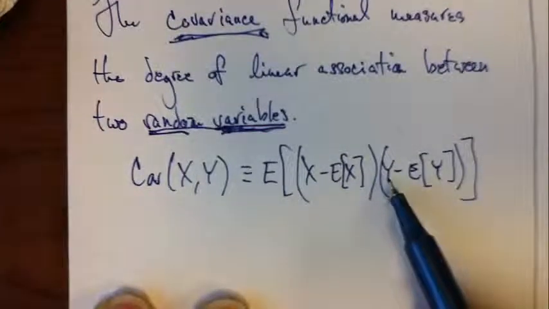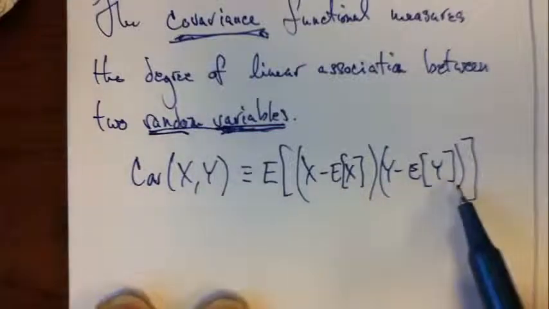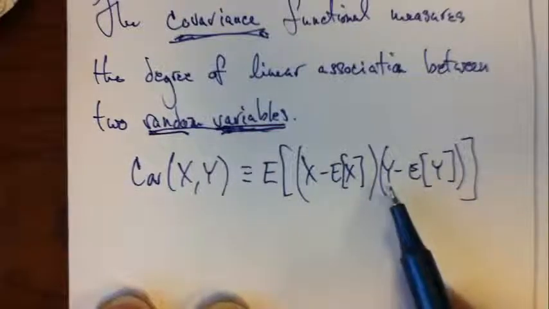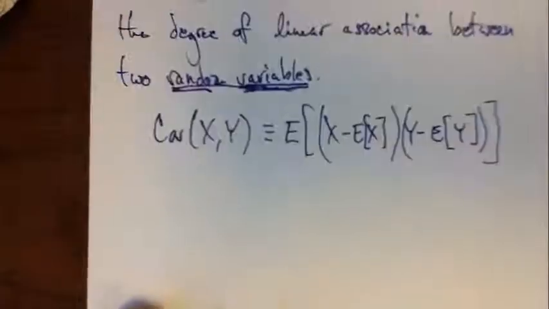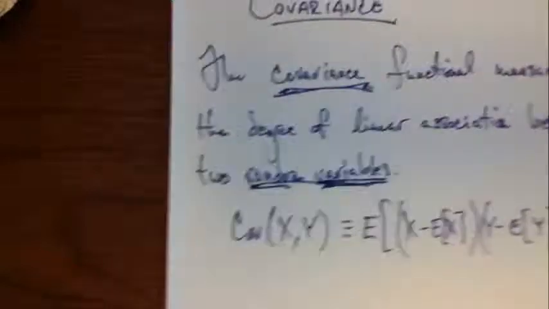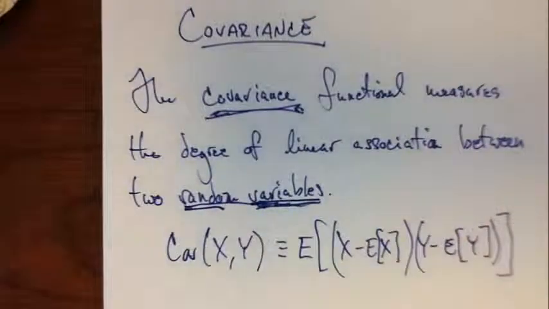If I replaced the y's with x's, then it would in fact be exactly the definition of variance. So this reduces to variance if you take the covariance of x with itself, doesn't it? All right, so what does this mean? Again, it measures the degree of linear association between two random variables.